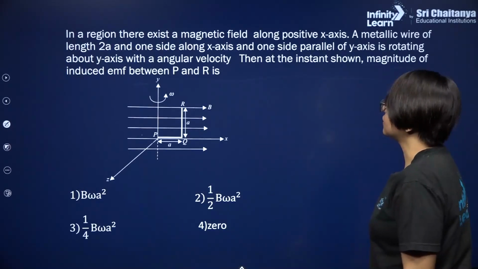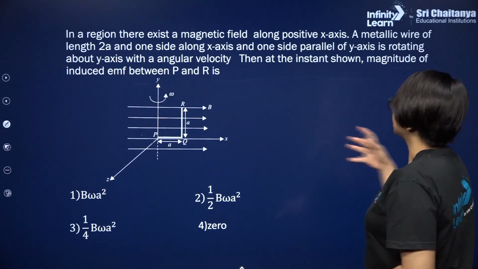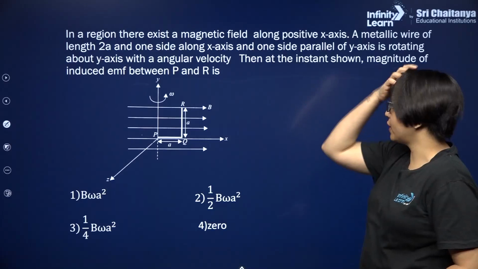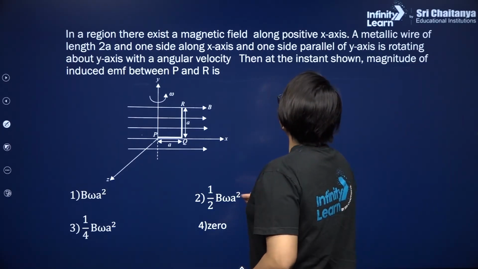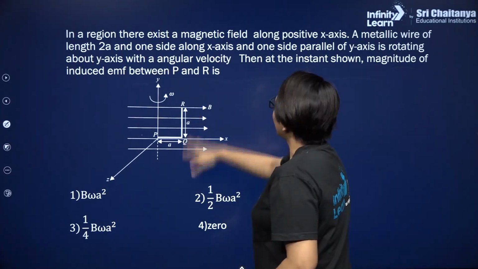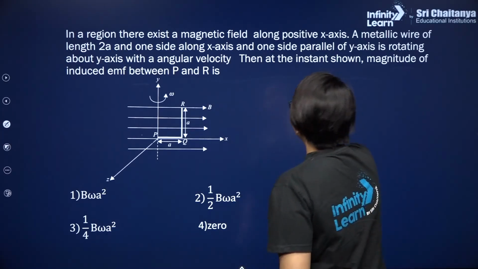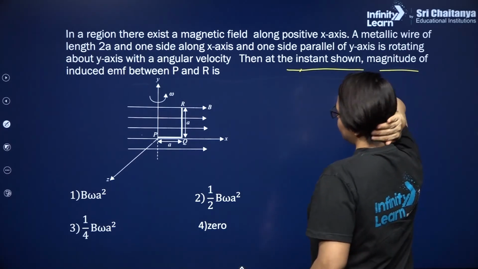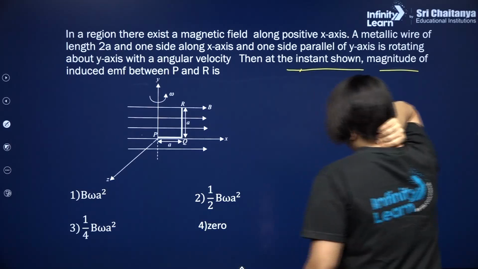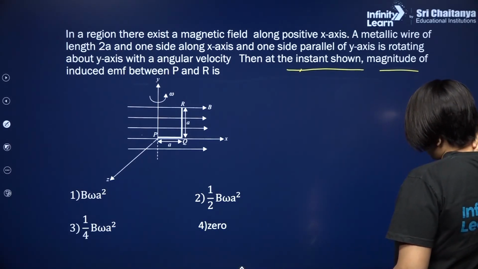Next is this one. In a region there exists a magnetic field along the positive x-axis, and a metallic wire of length 2a has one side along the x-axis and one side parallel to the y-axis like this, with angular velocity omega. Then at the instant shown, what is the magnitude of the EMF induced between P and R?